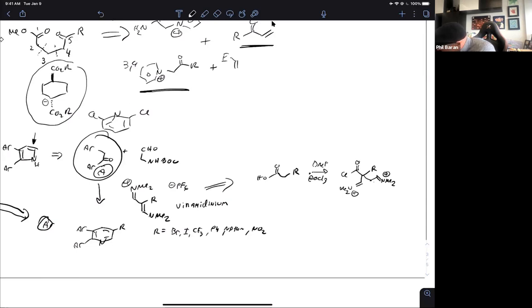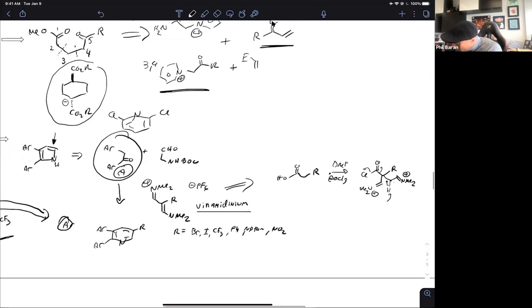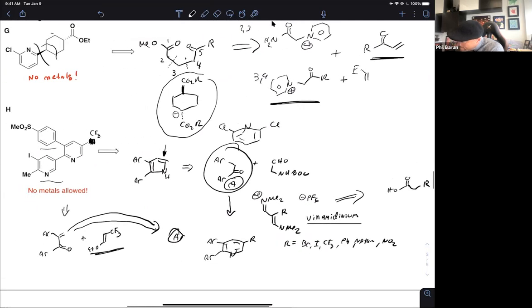And you can imagine all one needs to do now is a Furan-like mechanism where I think you lose carbon monoxide and Cl, but you could imagine if there was some hydrolysis that took place, you could get a slosh of CO2. But that's how you make the vinamidinium intermediate, which then reacts with this ketone to give you an annulation event directly to anything you want, CF3, chloro, nitro, whatever. How cool is that?